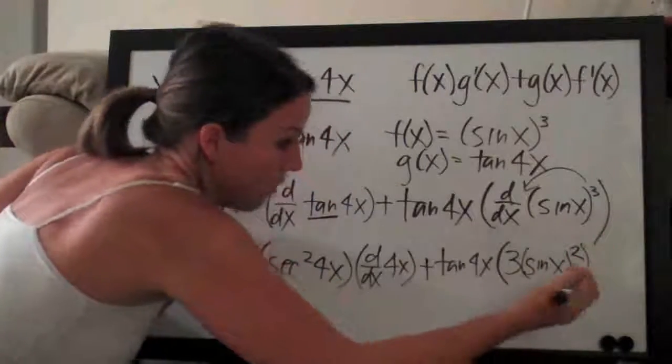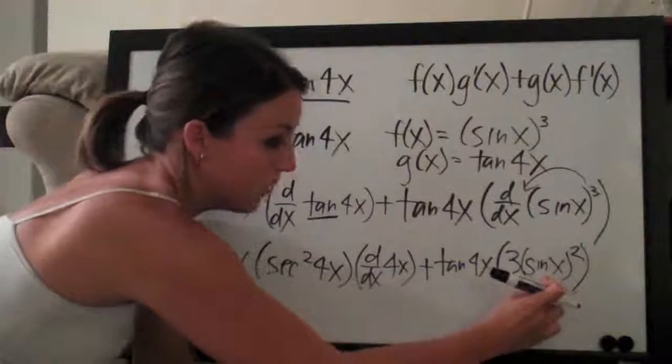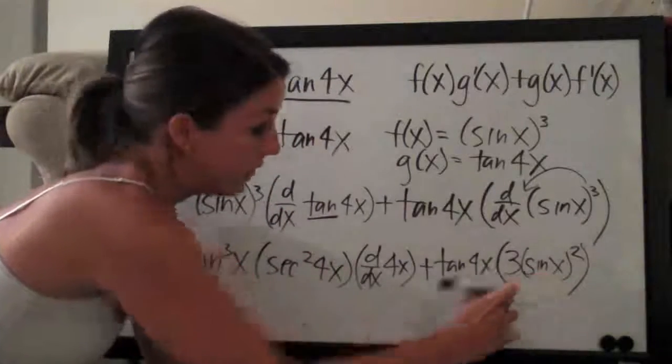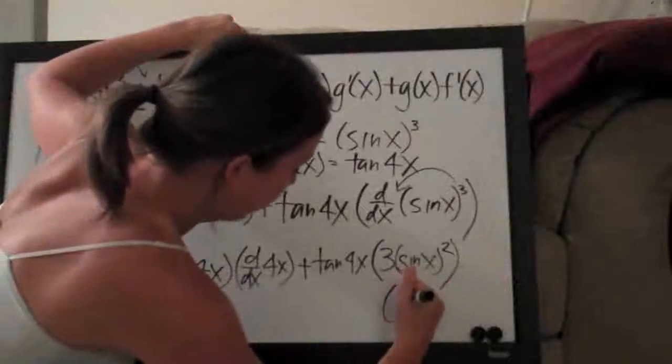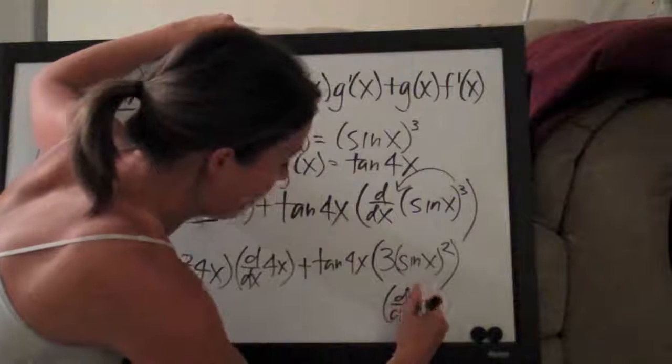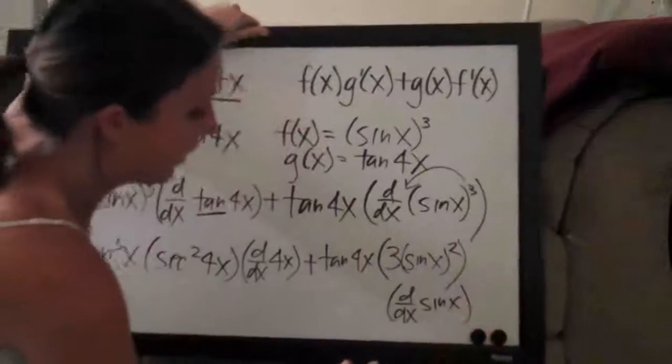However, we worked from the outside in, we did the outer part, but we still have to multiply by the derivative of the inside, sine of x. We can't just leave that alone. So let me write out multiplying by the derivative d dx of sine of x.